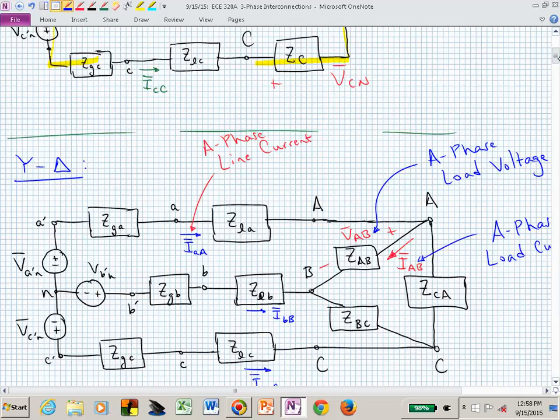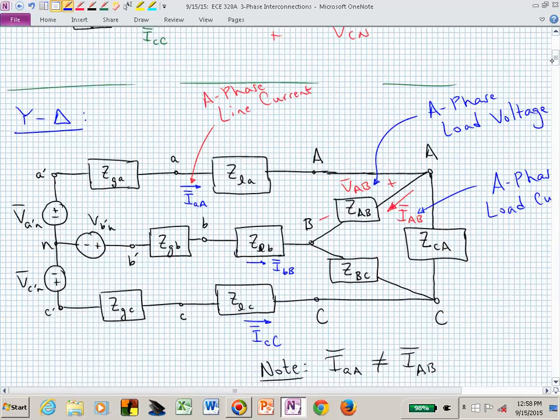There's this distinction. Now, what about the line current? Is that the same as the phase current at the load? No. Do you see the difference? I sub little a, capital A is not the same as I sub capital A, capital B. In the delta configuration of the load, the phase current and the line current are different.